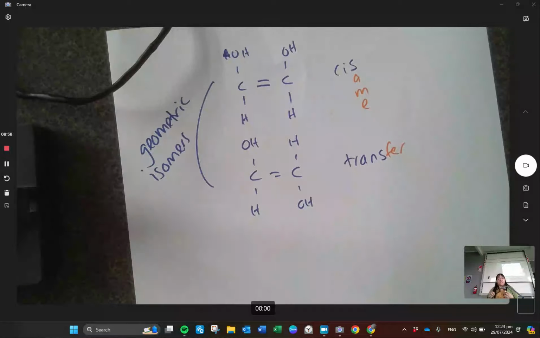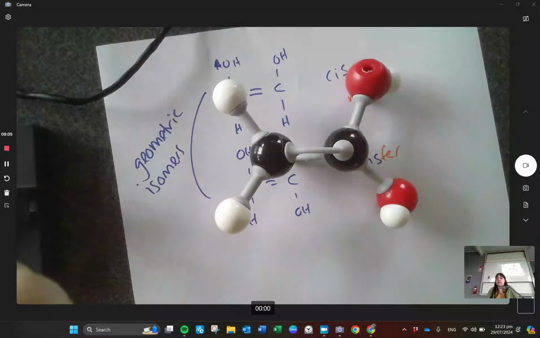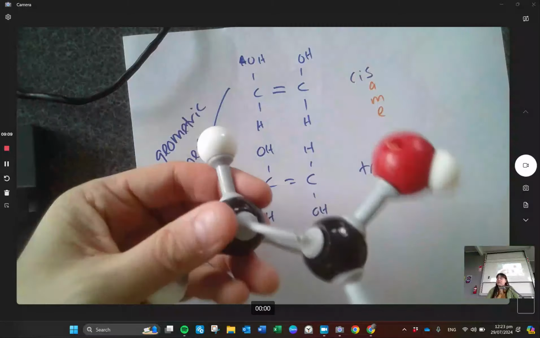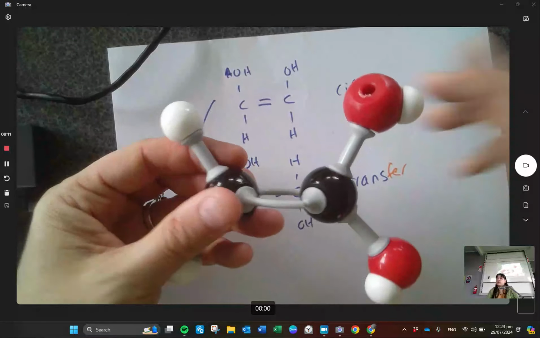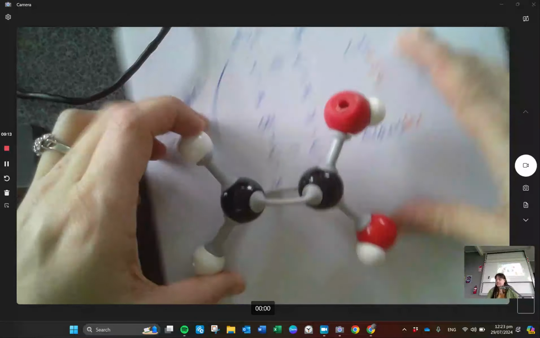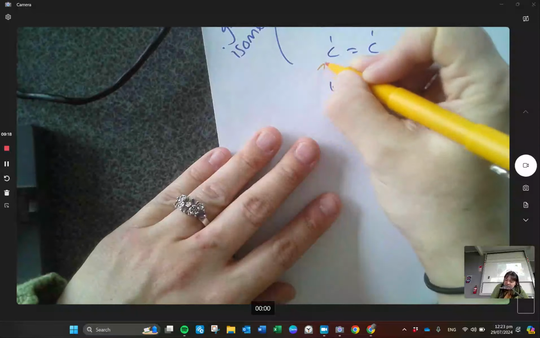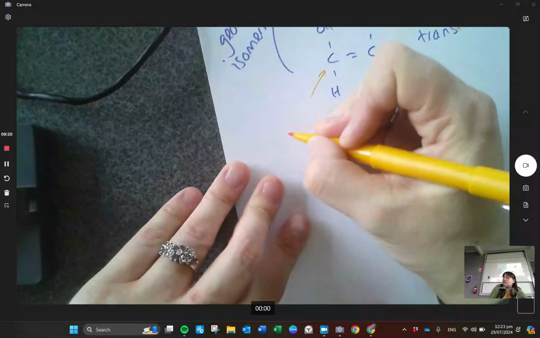For a cis-trans isomer to occur, you need to have different things on each carbon. So if I have this arrangement here, this does not form geometric isomers. Because if it rotates, it's still the same molecule. You see what I mean? So it's something else to keep in mind. You need to have different things on the carbons involved in the double bond.